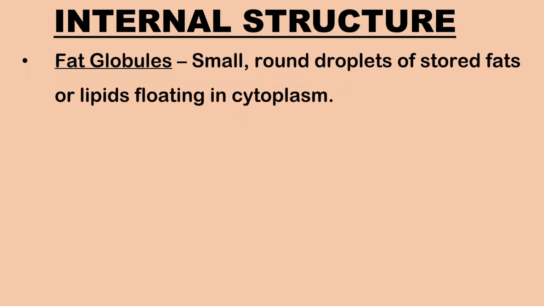Fat globules are small, round droplets of stored fats or lipids which are found floating in the cytoplasm of amoeba. They act as energy storage, and during starvation, these globules are broken down to release energy.